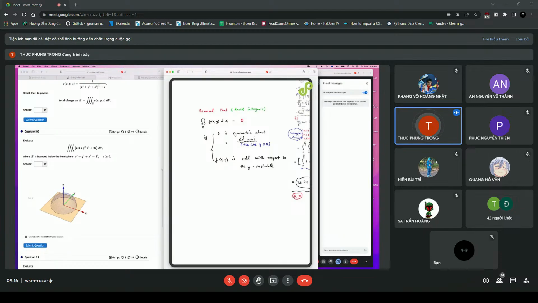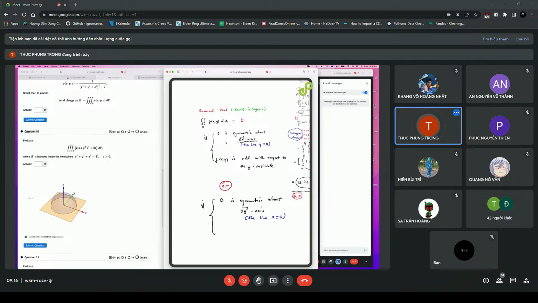Or we also have the same thing if the domain is symmetric about the y-axis. Or you can say the line x equals 0.